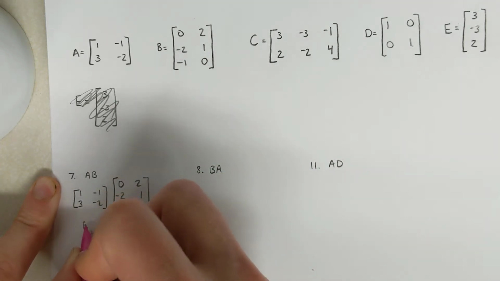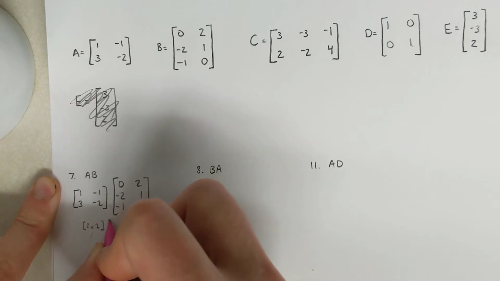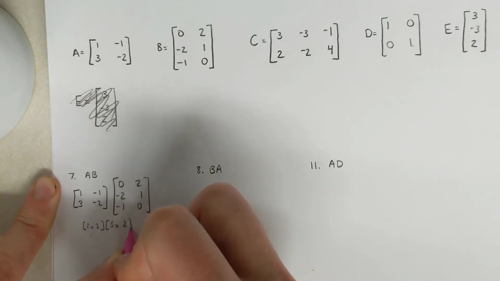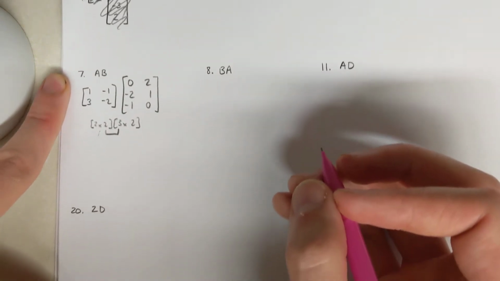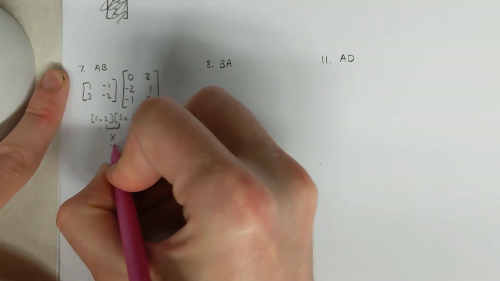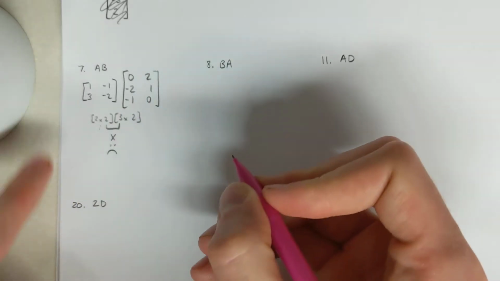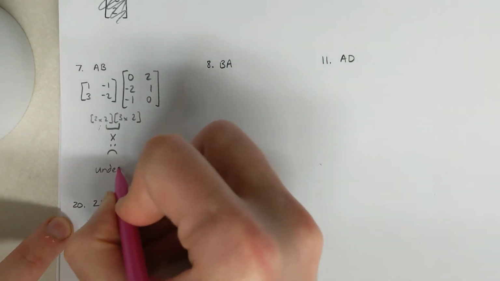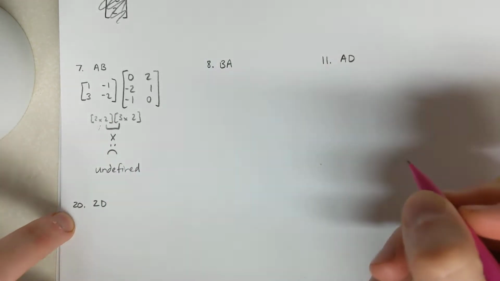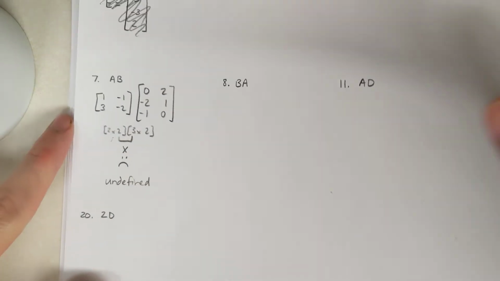So if we're multiplying a 2 by 2 and a 3 by 2 together, notice that the inner dimensions there don't match up. So that means we can't actually multiply them together. This one is undefined, or no solution.